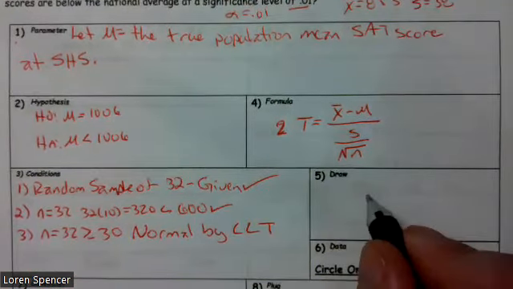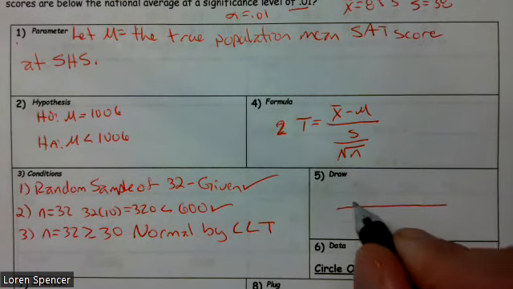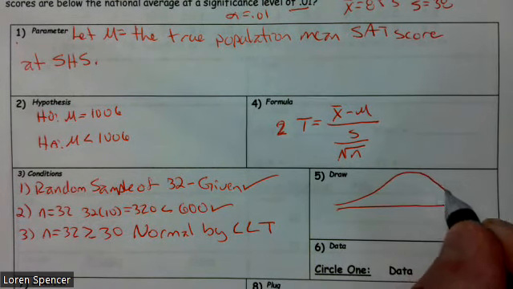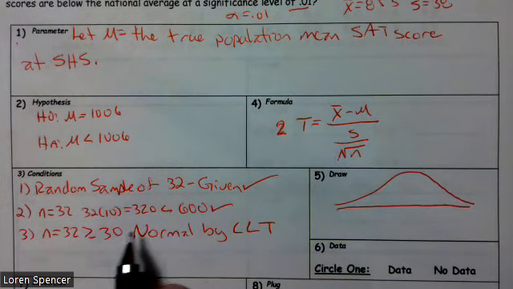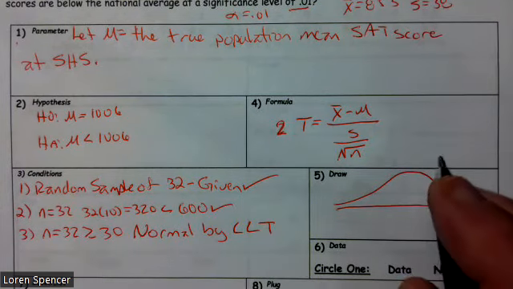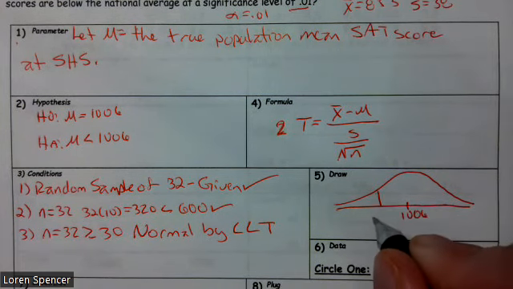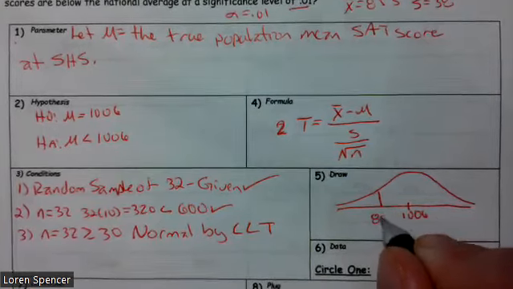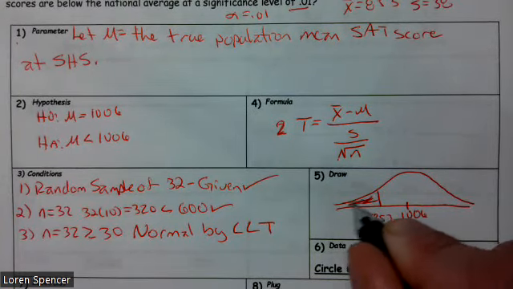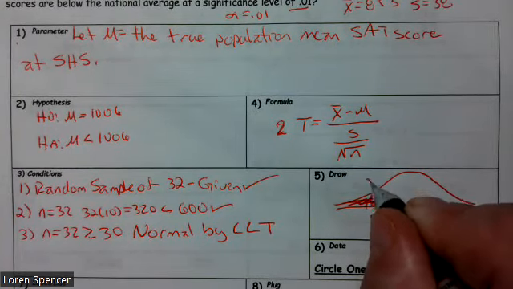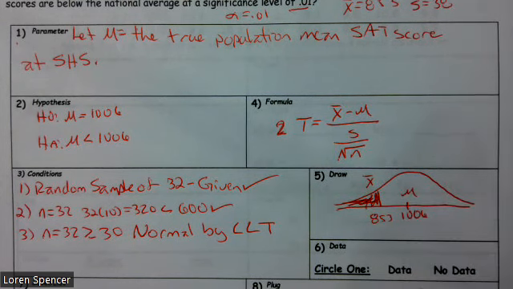Next thing, we need to draw our picture. And our picture is this. We're centered at 1006. But we got an 853. And we're shading down. So this is our x-bar, this is our mean. And we weren't given data.